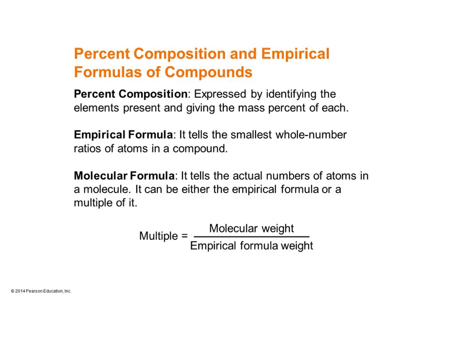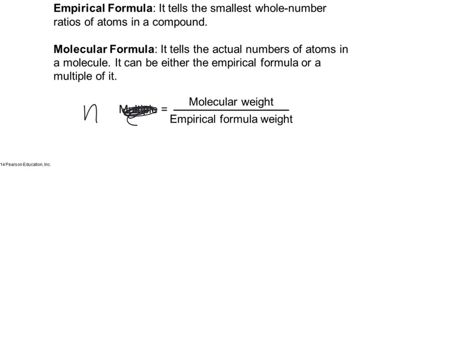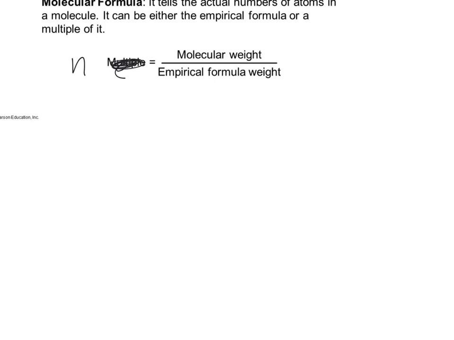First thing we need to do, the multiple n, as we've been calling it, is equal to the molecular weight divided by the empirical formula weight. If we look at our example here, what's the molecular mass of C12H24O12? Well, we have to go to our periodic table.